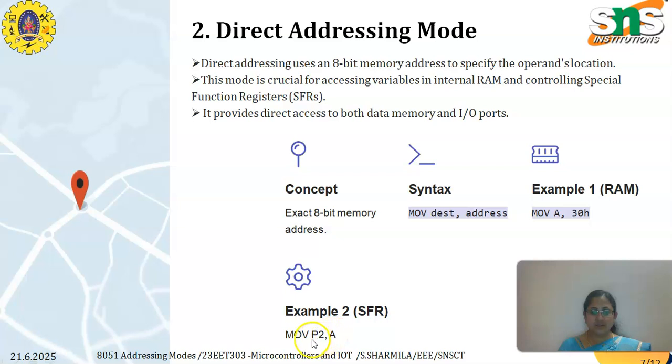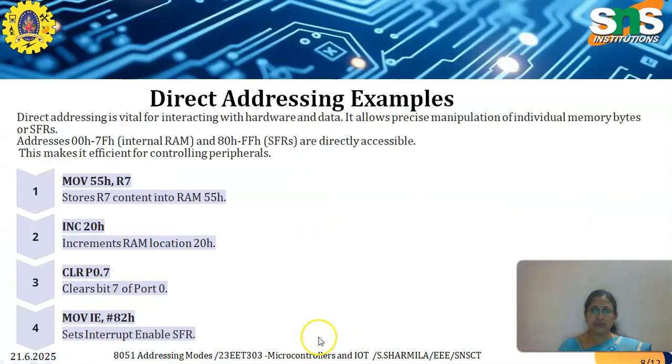Another example is MOV P2, A: the value of A is moved to port 2. Some more examples of direct addressing: MOV 55H, R7 stores the R7 content in RAM location 55H. INC 20H increments the 20H memory location.